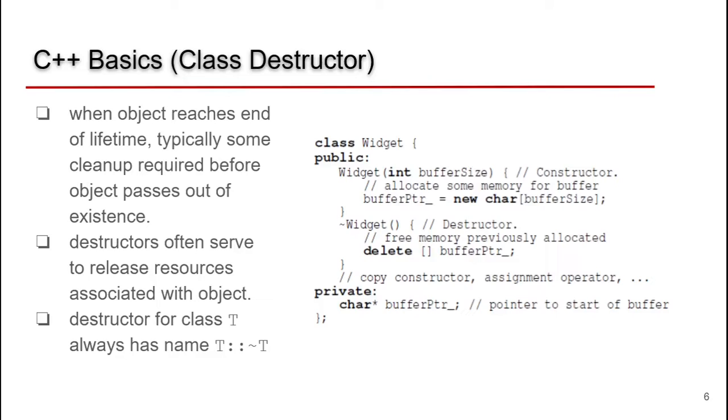For example, you want to tell the user that you are deleting this object: cout delete the object, and then endl. So this is the destructor.